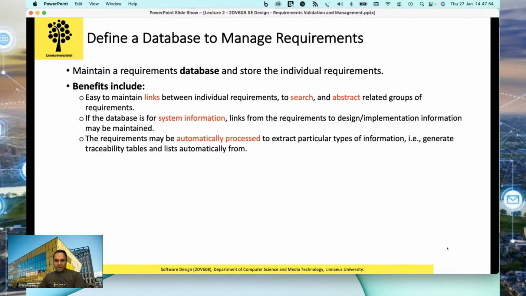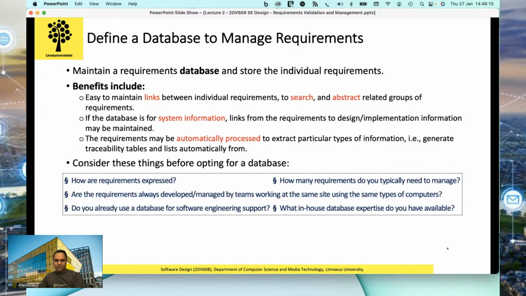And not only that, you can easily link those requirements to your system by extending your database, by adding more columns, and in this way you have more traceability information. So this is a good thing, using a database for managing the requirements. But the question is, do you need the database? You can decide based on these questions whether you need a database or not.